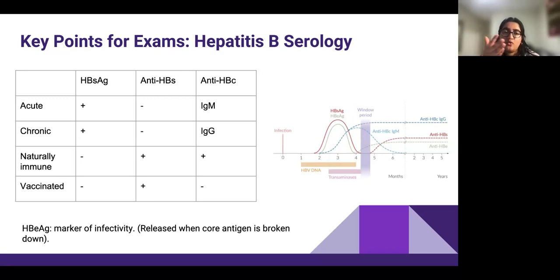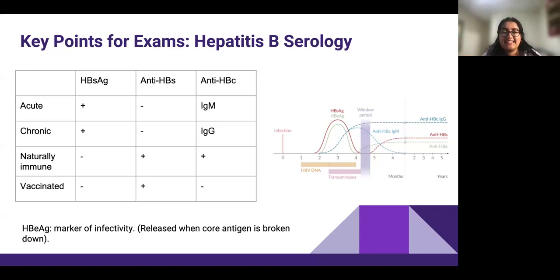If they're naturally immune, they've fought off hepatitis B, so it's not there anymore. When somebody becomes vaccinated, you actually vaccinate them with this hepatitis B surface antigen. But once you vaccinate them, the body starts to create antibodies against it, and therefore it wouldn't be present in the body anymore.